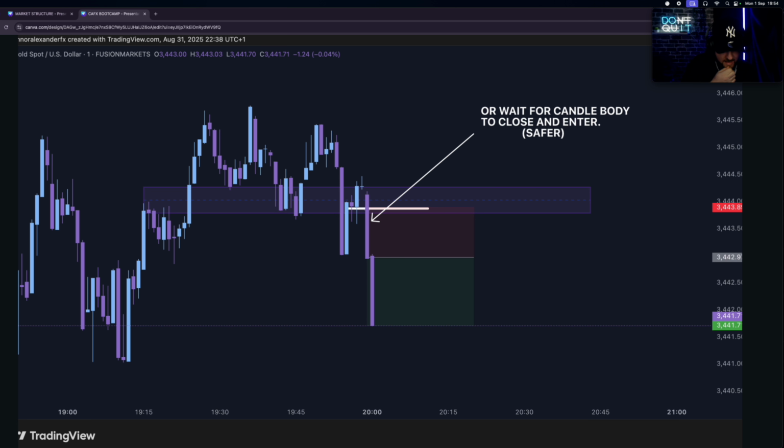I want you to identify 1 example of a strong support and resistance. I want 1 example of an uptrend, a bearish trend, and a range. That's your homework. That's literally it.